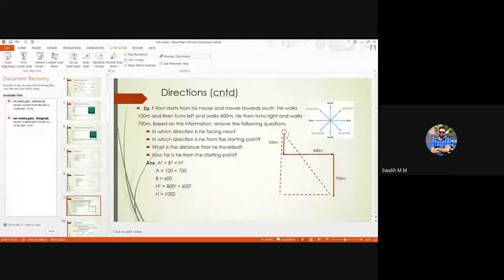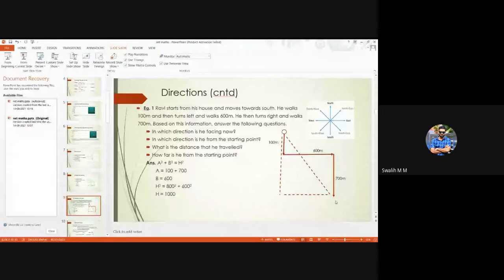So he walks 100 meters south. Then he turns left. South doesn't change, but left and right you need to see from the perspective of the person. Then he turns left and walks 600 meters. Then again he turns right and walks 700 meters.